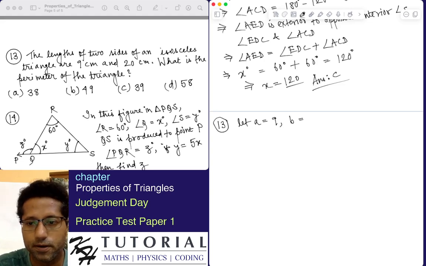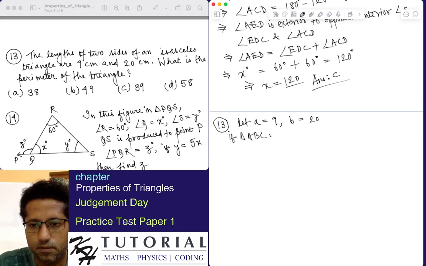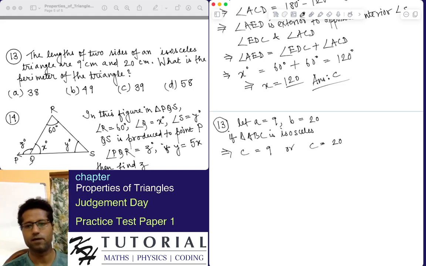So let b be 20. Now, triangle ABC is isosceles, it is given. This implies c equals 9 or c equals 20. The third side has to be either 9 or it has to be 20.